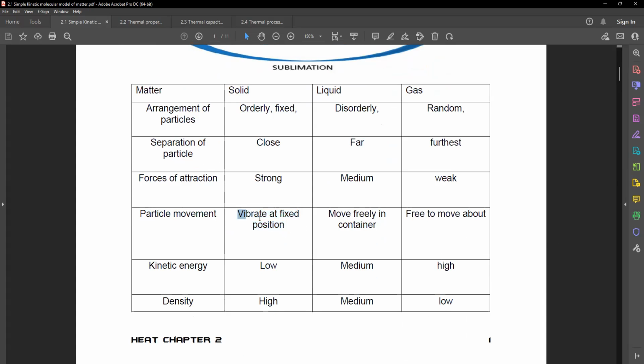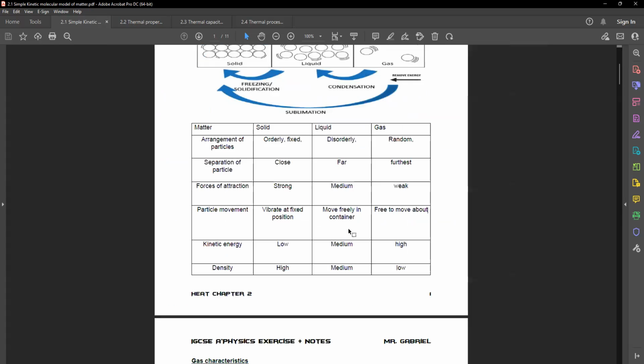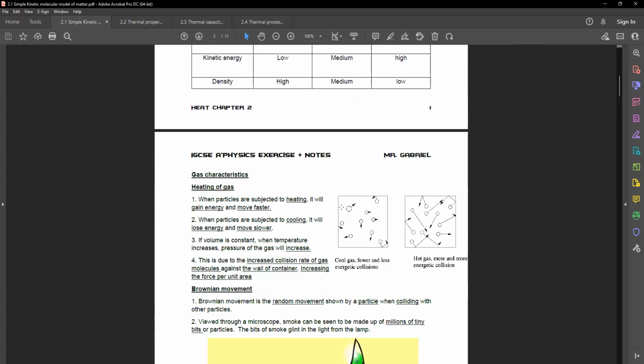So you'll see this come out in your IGCSEs quite often as well. So just make sure you know they are not just not moving, they're actually vibrating in fixed spaces. And of course, the gas and liquid particles are free to move about as long as it is within the container or so on, right? Not much to highlight here. Please go read through it yourself.